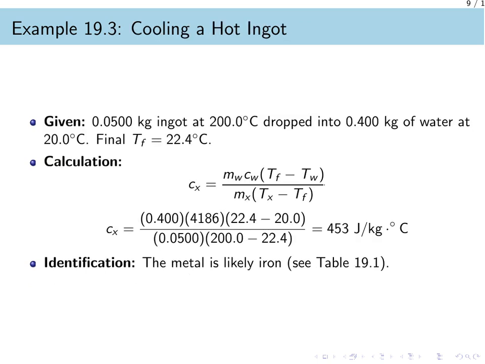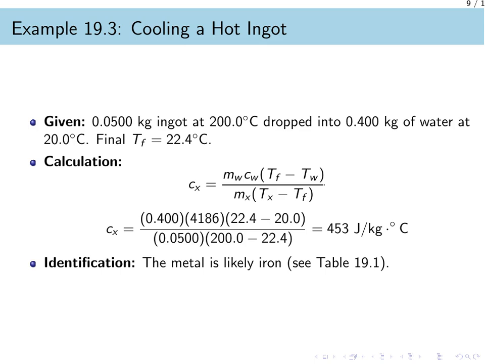In our second example, we cool a hot metal ingot. A 0.05 kilogram ingot at 200 degrees Celsius is dropped into 0.4 kilograms of water at 20 degrees Celsius. The final equilibrium temperature is measured at 22.4 degrees Celsius. To find the specific heat of the metal, we rearrange our energy balance equation.